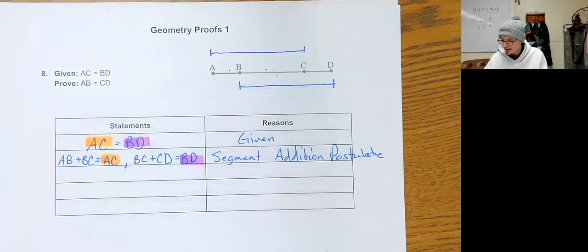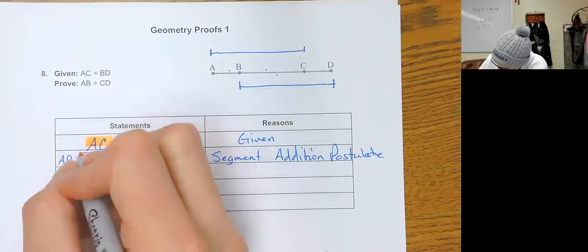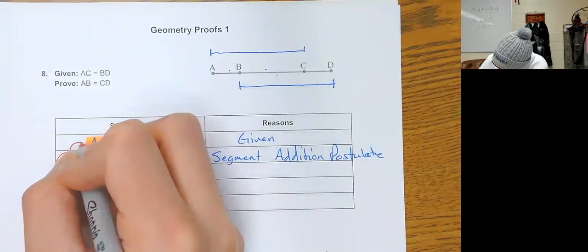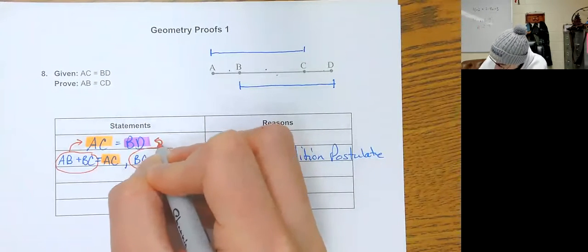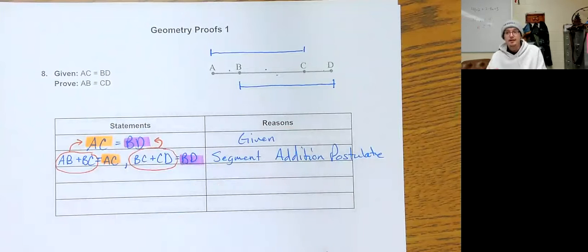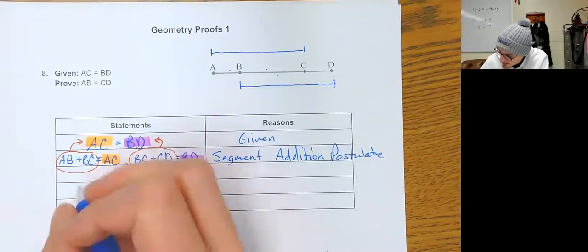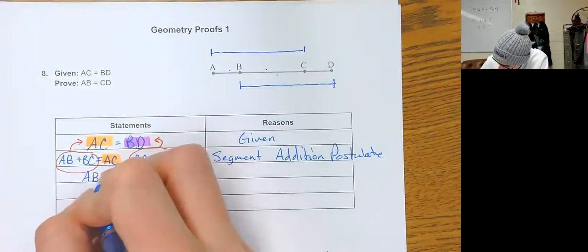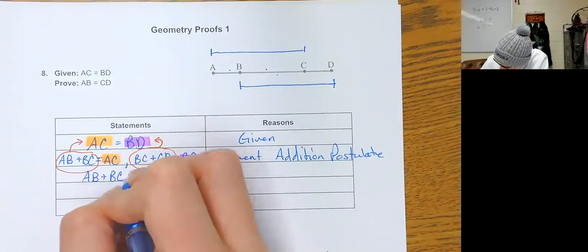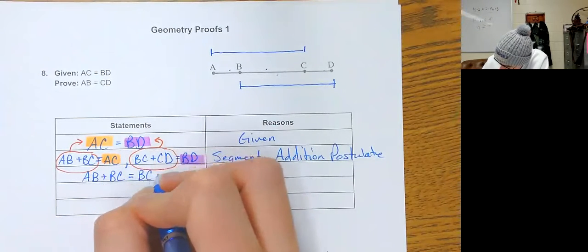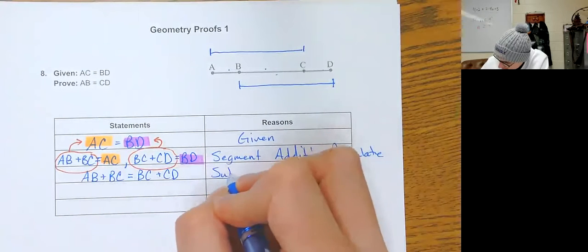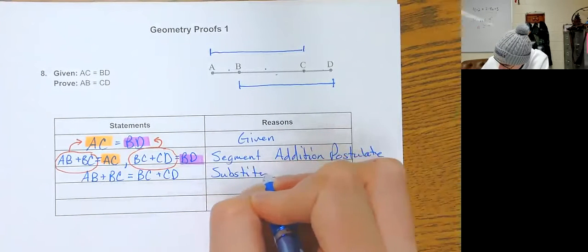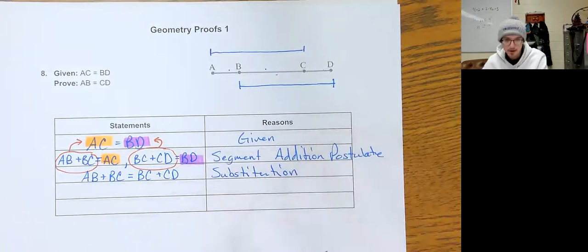So can't I take this here and substitute it right there? And can't I take this here and substitute it there? Yes, I can. I can do that. So I'm going to say AB plus BC equals BC plus CD, and that would be substitution. Awesome.